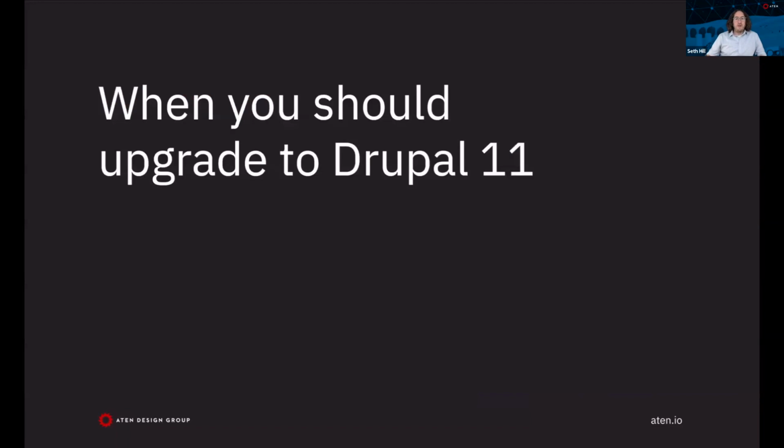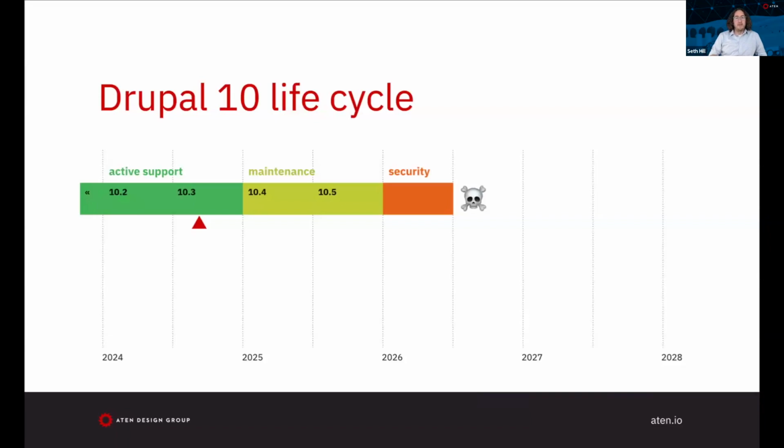Now that you know about Drupal 11 and what's involved in upgrading, let's talk about when you should upgrade to Drupal 11. I'd like to talk a little bit about the Drupal lifecycle and how all of this fits together. So here we are in mid to late 2024.